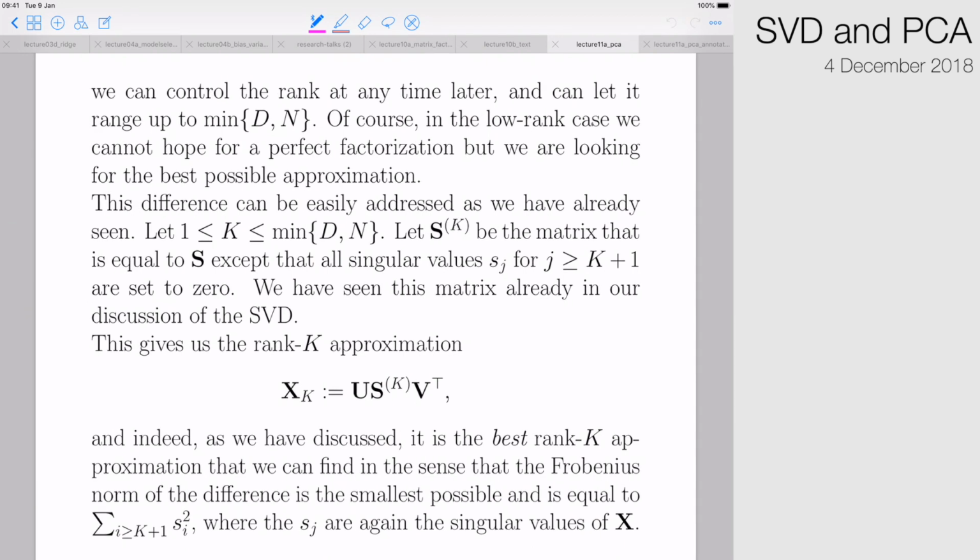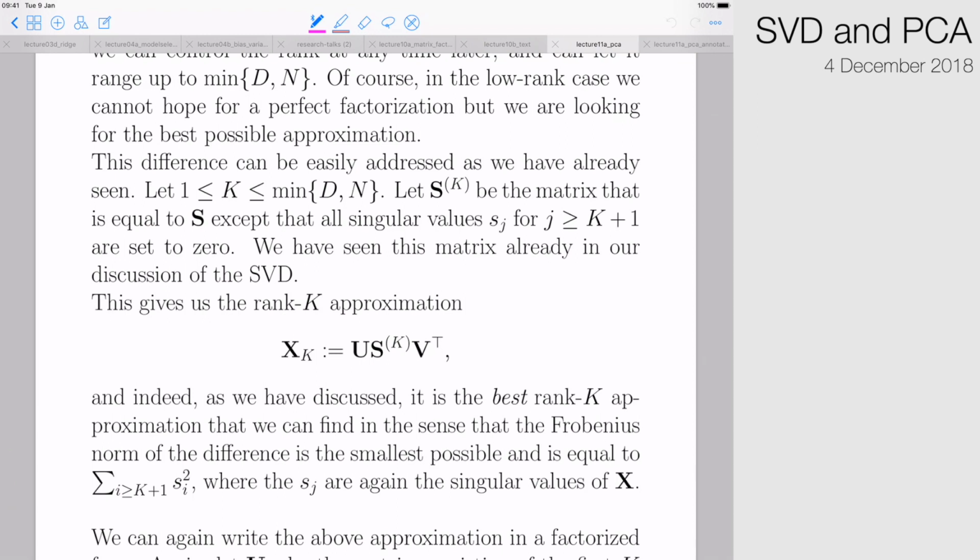So let's look at this briefly. Sorry for the wall of text. What we want to look at is, if you do the truncated SVD, you remember the definition: you decide on a K, and you only go up to that number of eigenvectors or singular vectors.